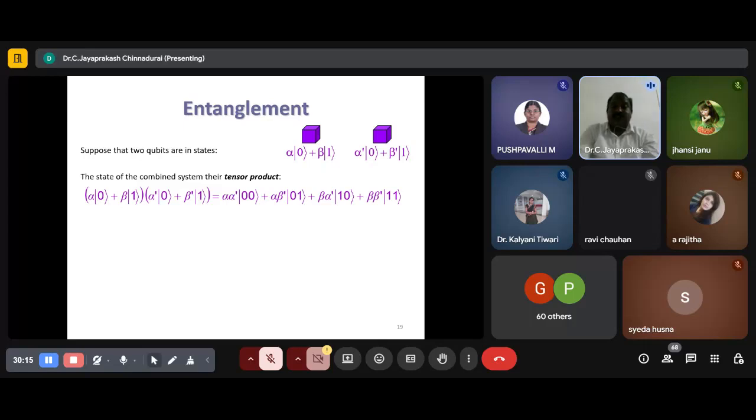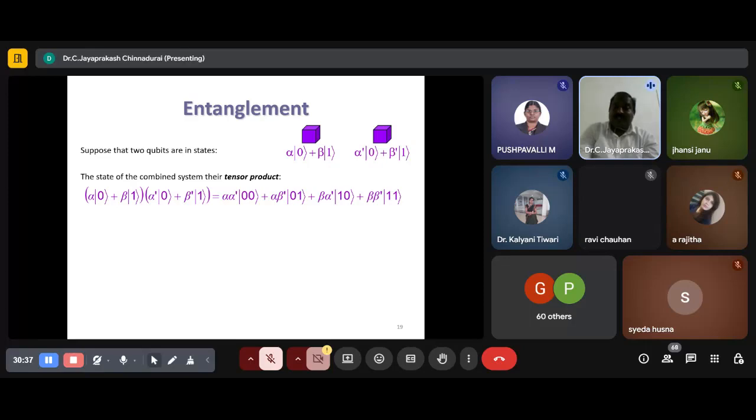So we take two input values. One is alpha ket 0 plus beta ket 1, that combination multiplied with alpha dash ket 0 plus beta dash ket 1. If you multiply this state, that is a tensor product, what is the output?